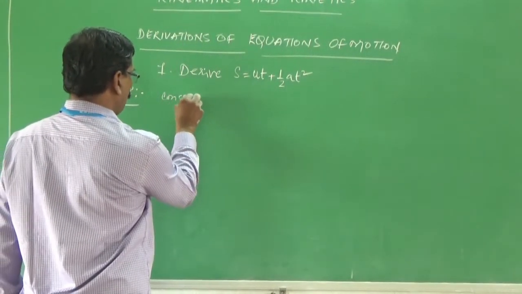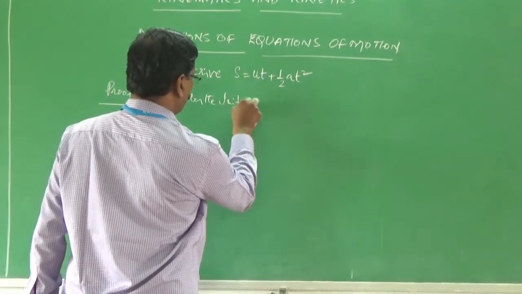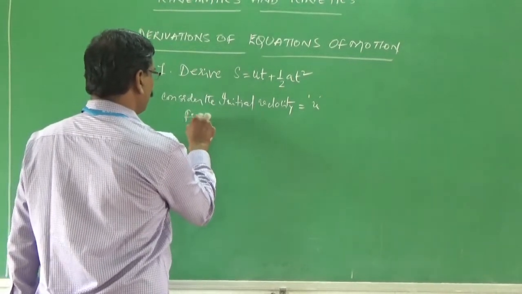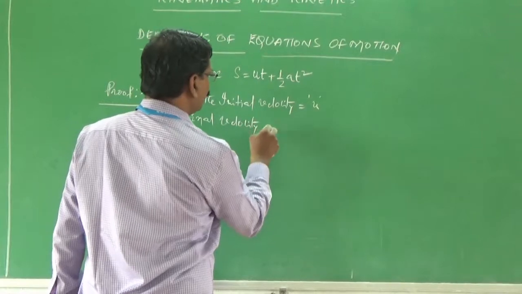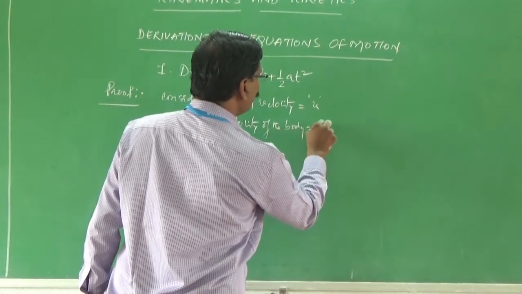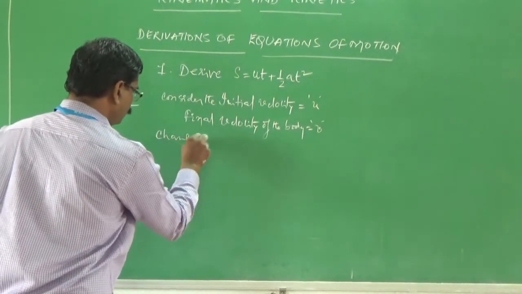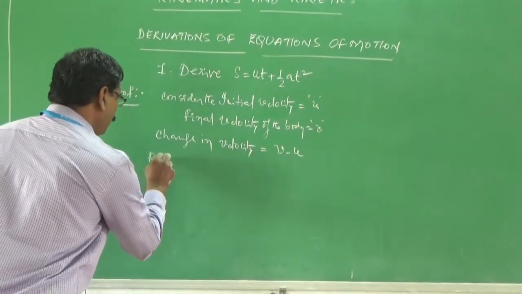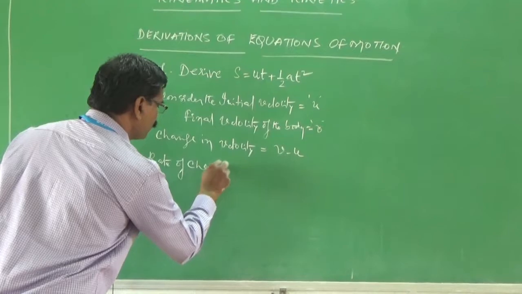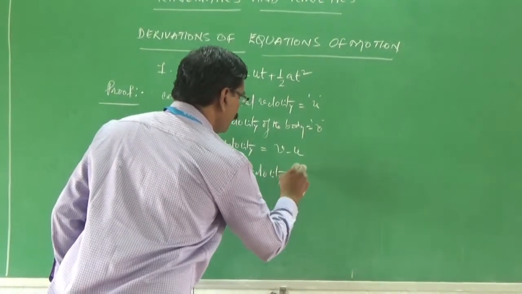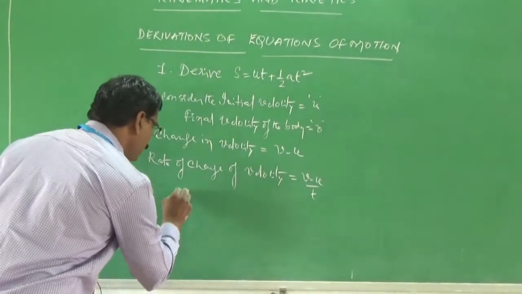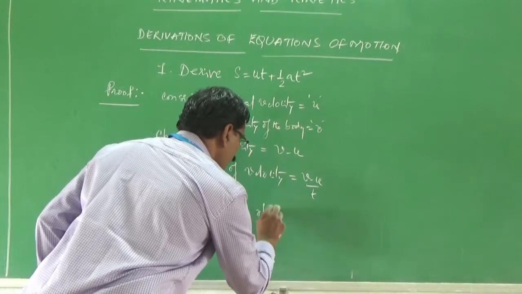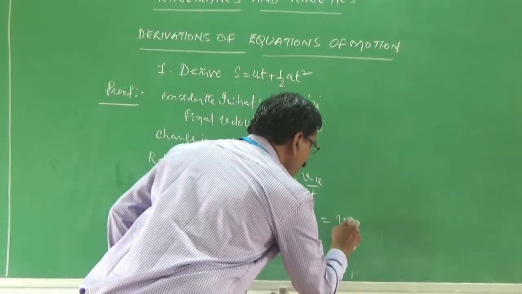Consider the initial velocity of the body is equal to u, final velocity of the body is equal to v, change in velocity is equal to final velocity minus initial velocity, rate of change of velocity is equal to (v minus u) by t, average velocity of the body can be written as (v plus u) by 2.